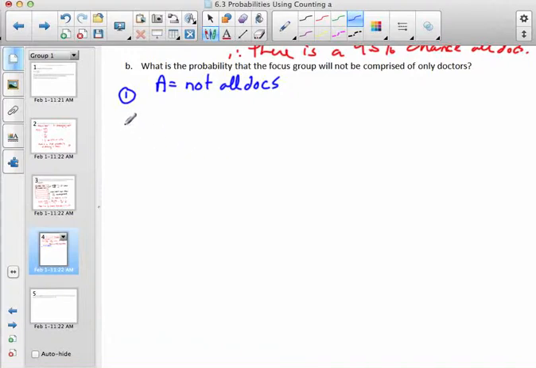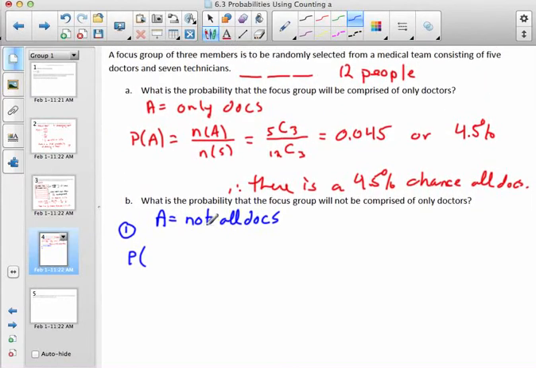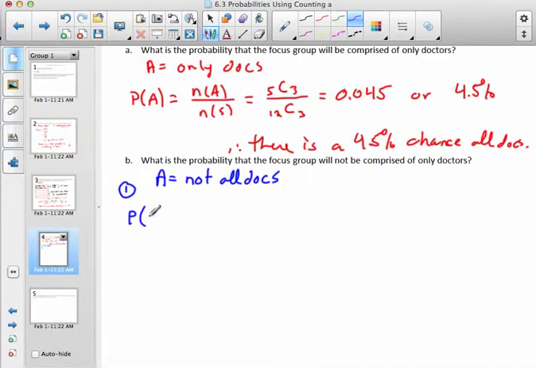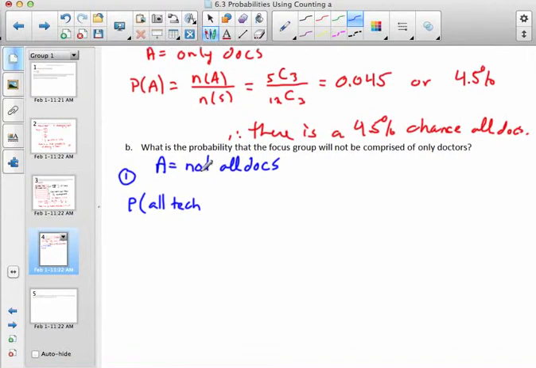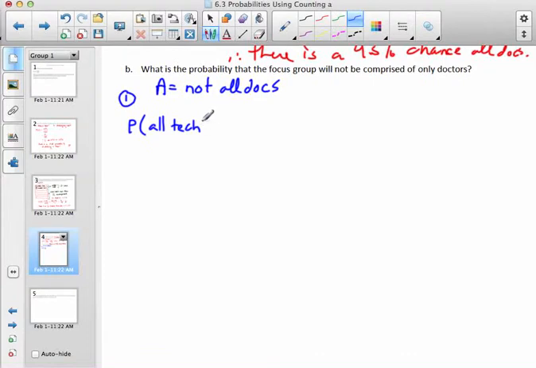Rather than saying one doctor or no doctors, out of 7 technicians we could have the probability of there being all technicians instead. So we could look at no doctors.